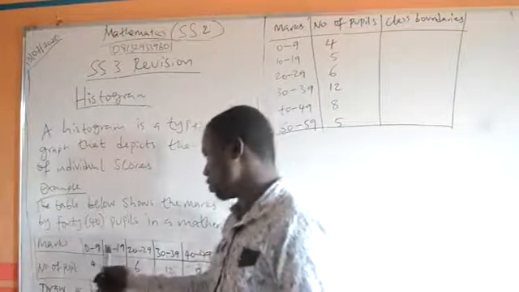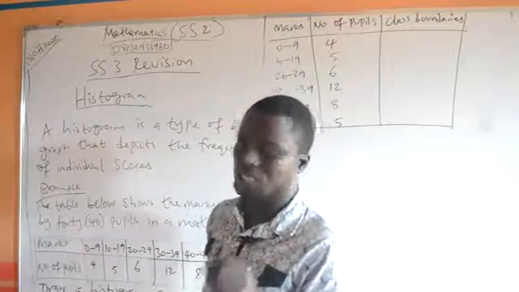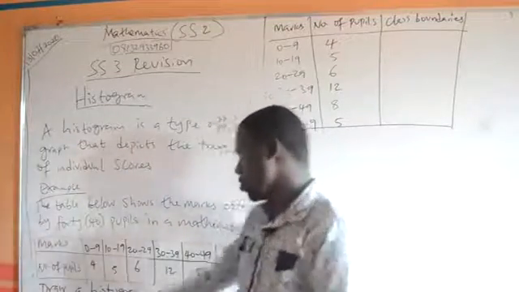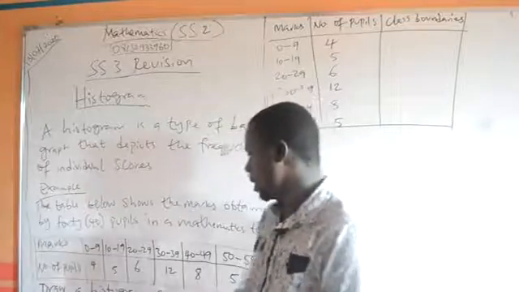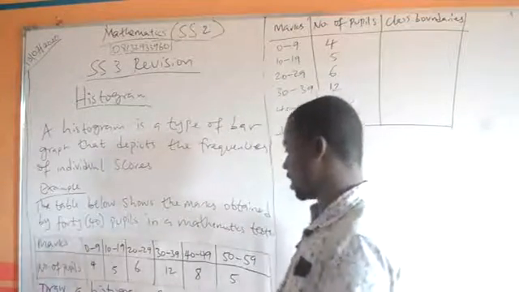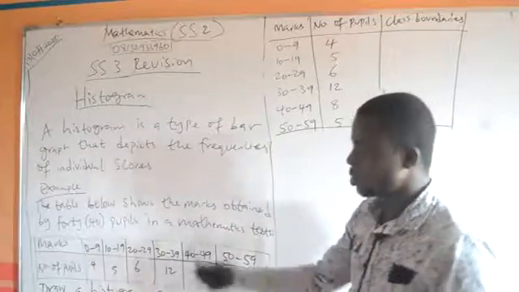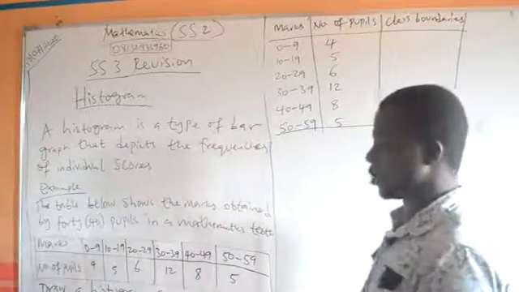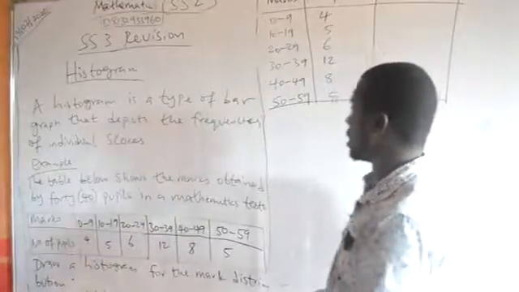From this to this, they are called class intervals. So we are asked to draw a histogram for the mark distribution. We just use this table and draw the histogram. Remember that. So, solution.